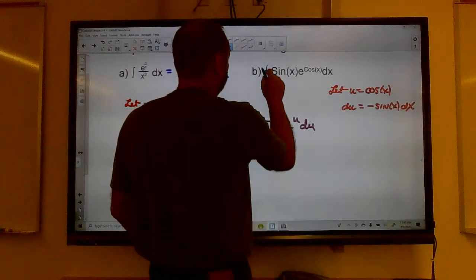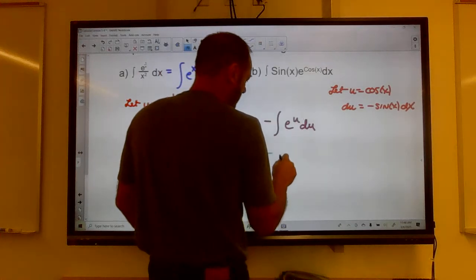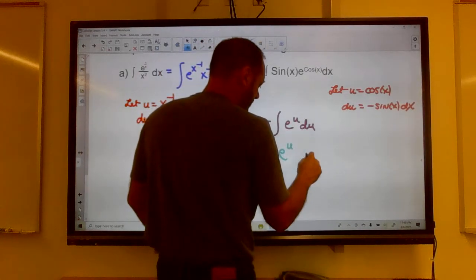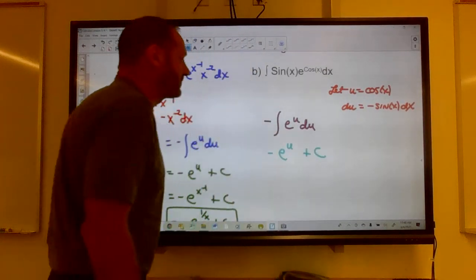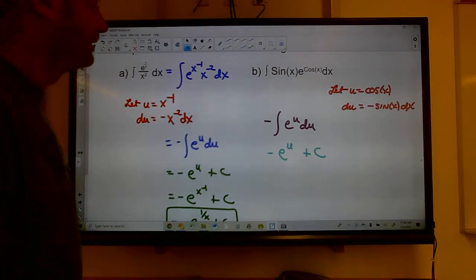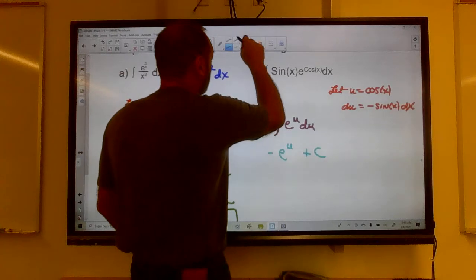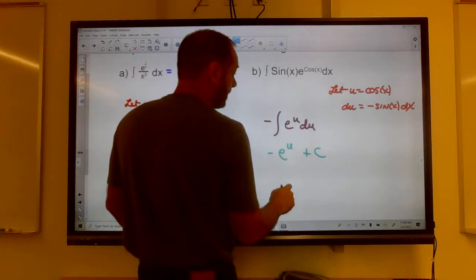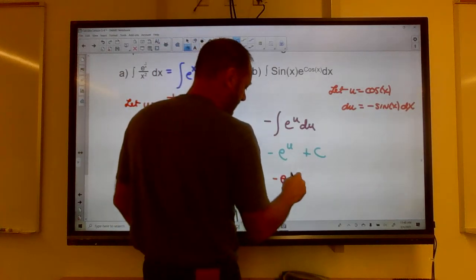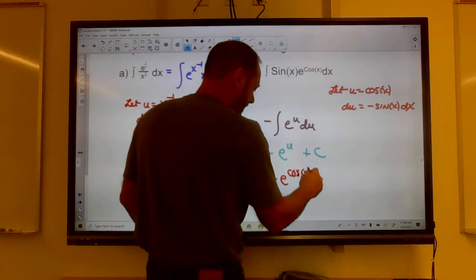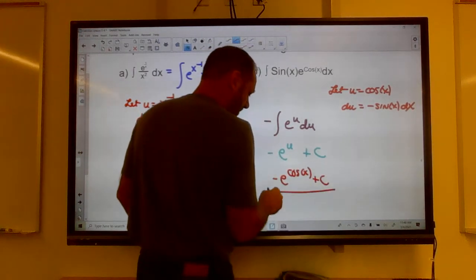Which is just going to be negative e to the u plus c. And then we'll go ahead and plug in, this is negative e to the cosine x plus c.